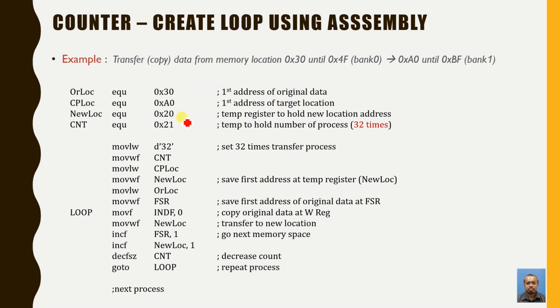That's how you learn how to write program code. This program will be using indirect addressing. You can see FSR, INDF here. So you need to study how to write programs like this.